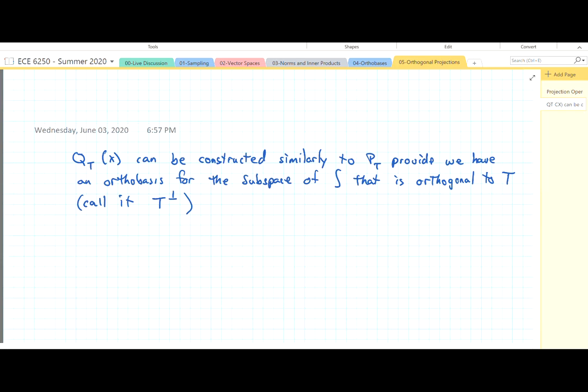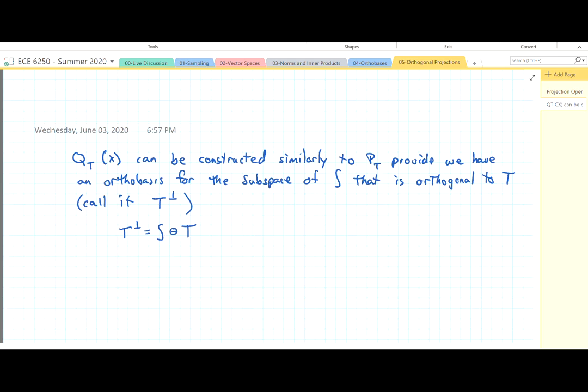Okay, so what is that? Basically, T orthogonal, the orthogonal subset to T, is going to be equal to S, and then we're going to remove T. So that's how we call it. We actually don't remove all the elements because we have to have the 0 element in both, right?